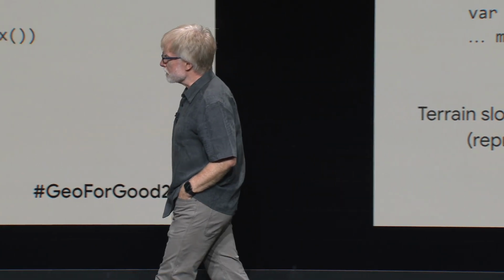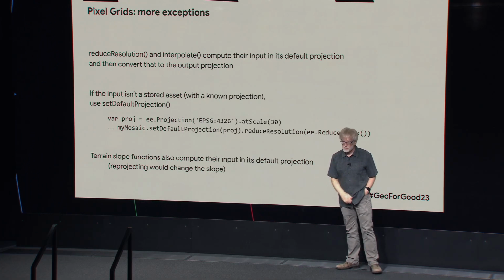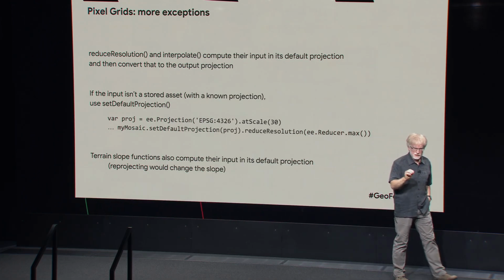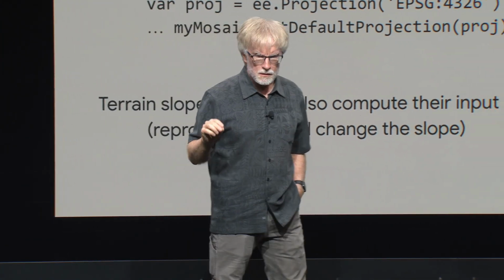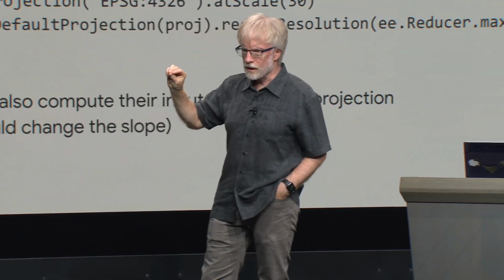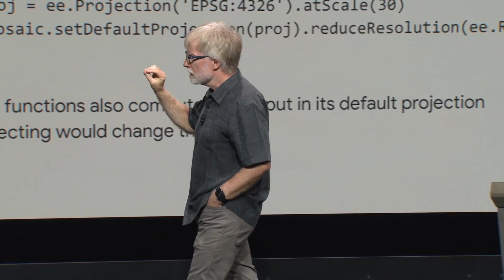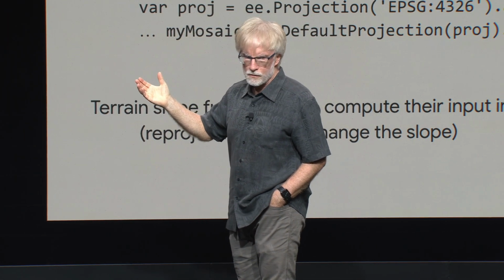And the last group of algorithms that has this slightly funky property is the terrain slope algorithms. It turns out that computing a slope on a reprojected elevation map is a bad idea. So they always evaluate the input in its default projection again, and then reproject afterwards.